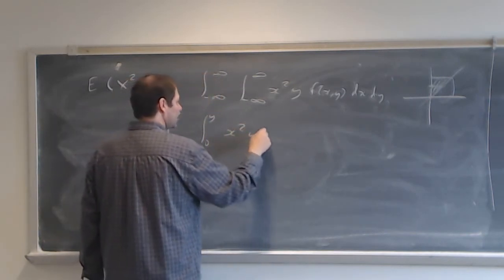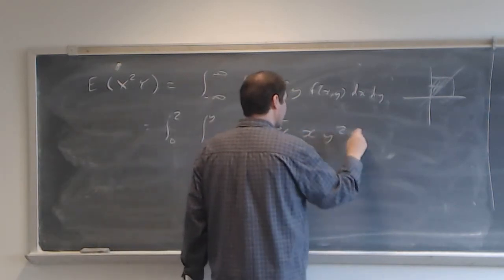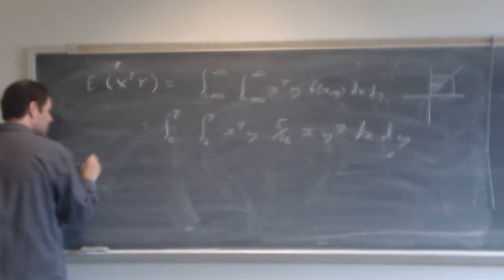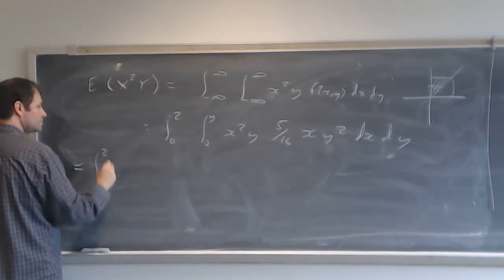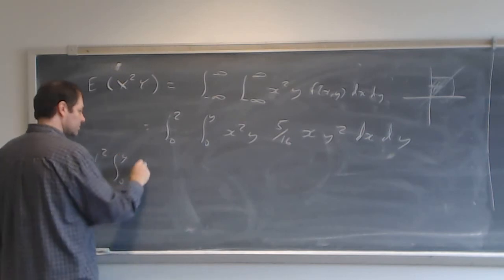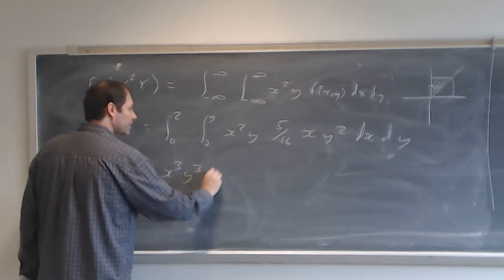X squared y, here this was 5/16 xy squared dx dy. This is equal to an integral from 0 to 2, integral from 0 to y. Let's simplify this. So it's 5/16 x to the third, y to the third, dx dy.